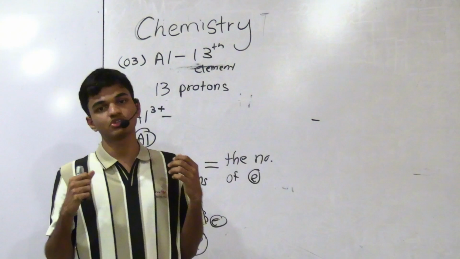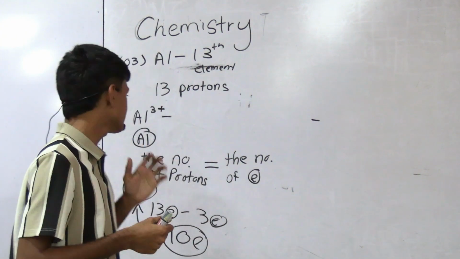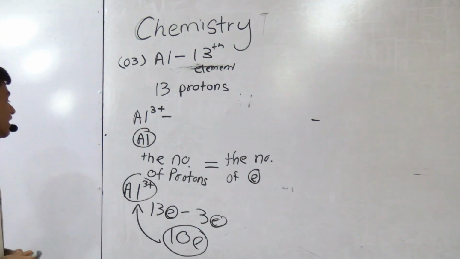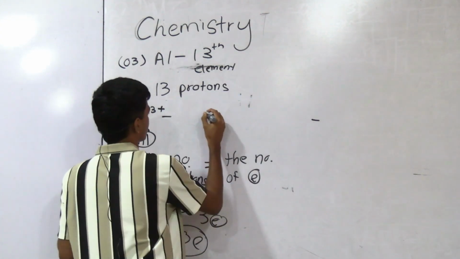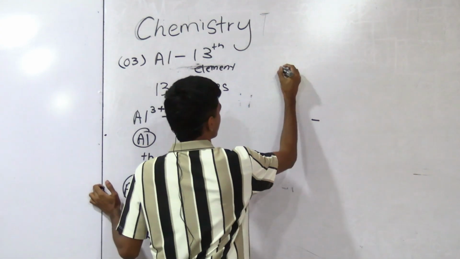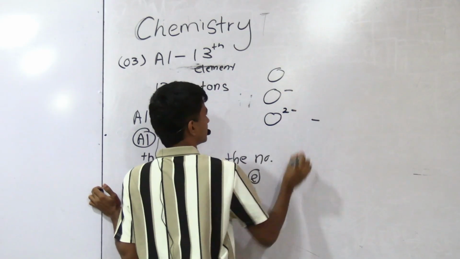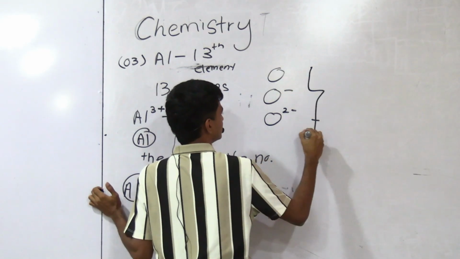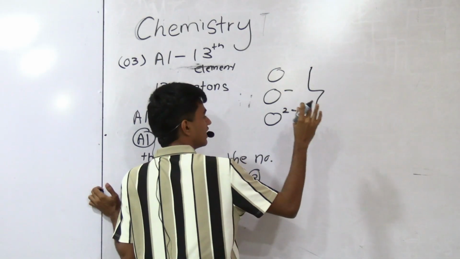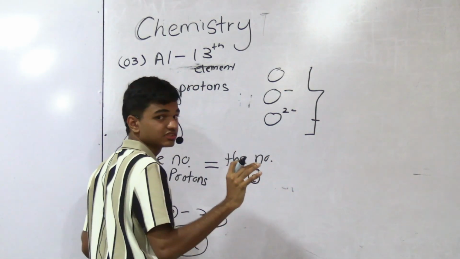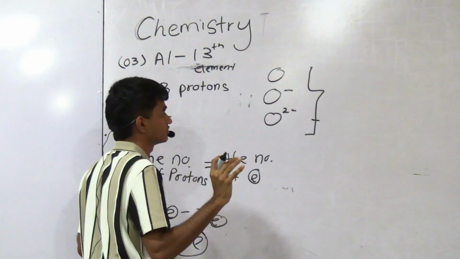Usually the number of protons does not change whatever ion it becomes. If we take oxygen, O minus, O2 minus, these 3 ions have the same number of protons. I repeat, the same number of protons.